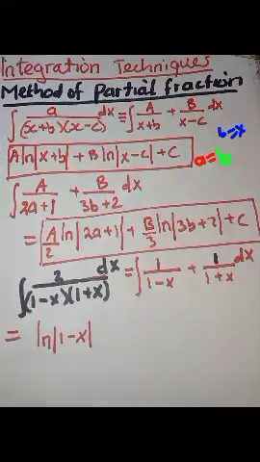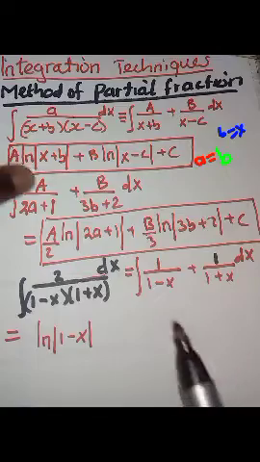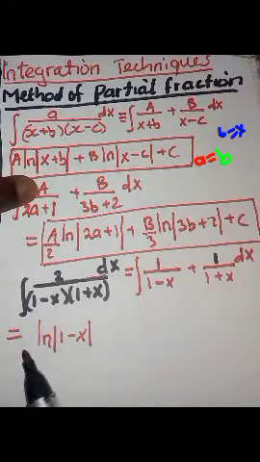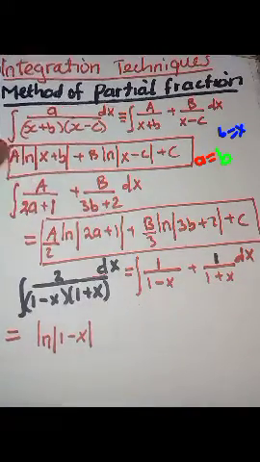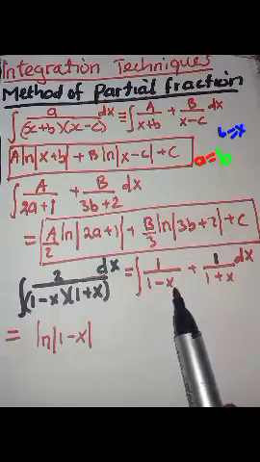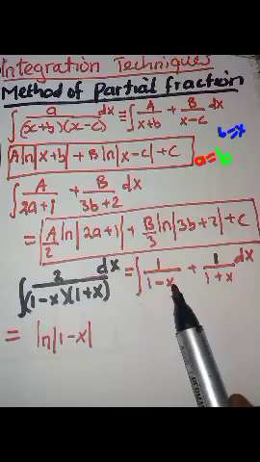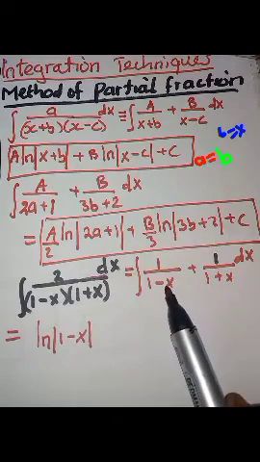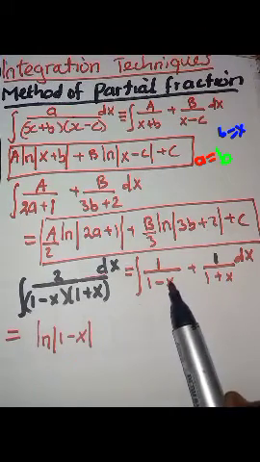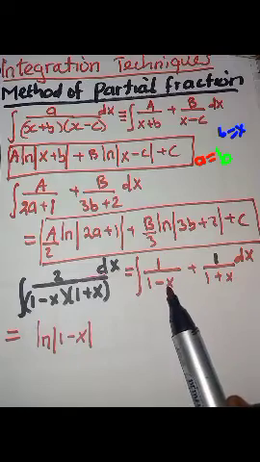But keep in mind that the reverse chain rule says that we look at 1 minus x and divide by the derivative of it. What's the derivative of 1 minus x? Derivative of 1 is 0. Derivative of negative x, keep in mind please, is negative 1. It's negative 1 because you can put the negative outside, then differentiate x.